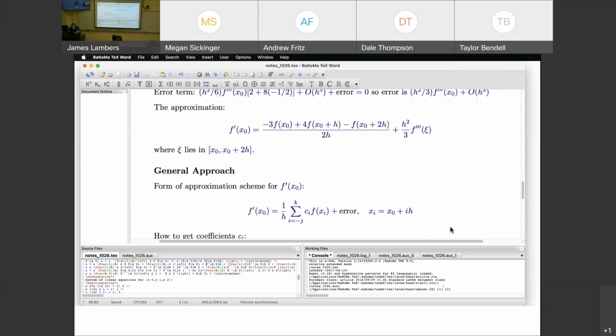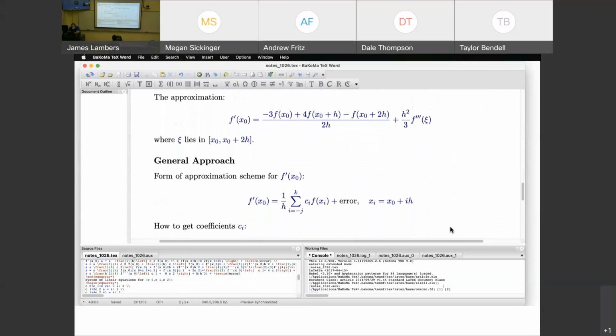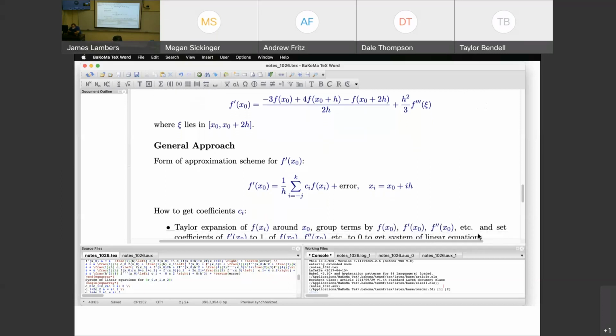So now what I'll do is I can describe a general approach for approximating derivatives, at least first derivative. Then I'll talk about higher order derivatives after that. And then I'll do another example that's a little more elaborate so you can see this process carried out. So more generally, we have equally spaced points surrounding x naught that could be on either side of x naught.